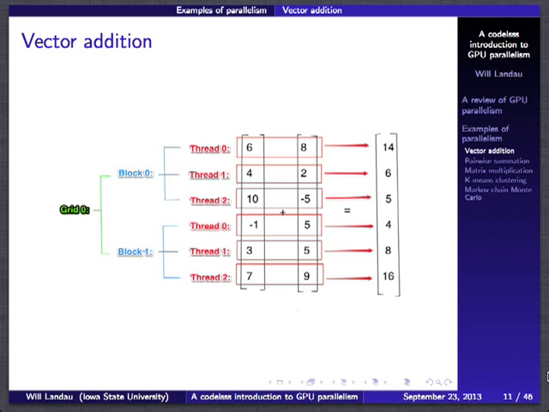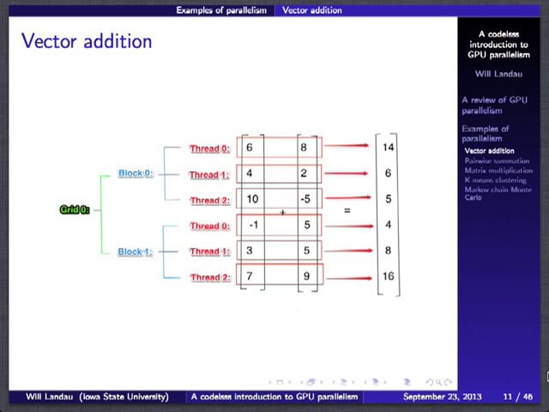Now, I'm usually not going to have something like a block with 4 threads and another block with 2 threads. I sort of want to avoid that, because in your code, you're going to be able to specify for each kernel the total number of blocks and then the total number of threads per block. So each block gets the same number of threads.